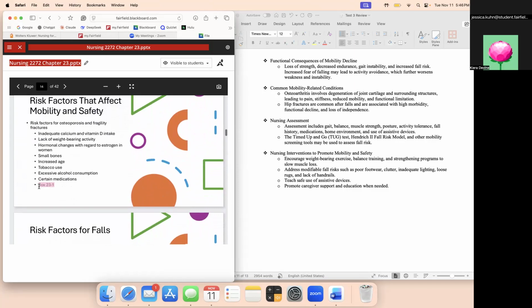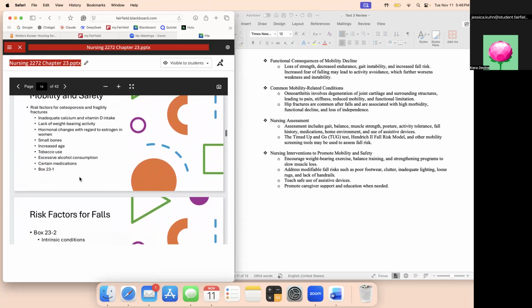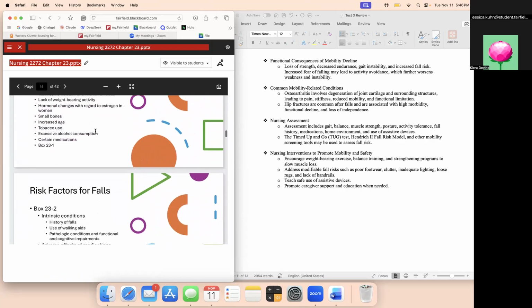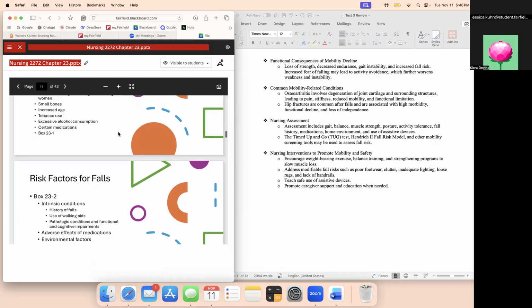Looked like there's a box mentioned, box 23.1, which talks about the risk factors for osteoporosis and for fragility fractures. A big one is inadequate vitamin D and calcium intake, but hormonal changes in women with regard to estrogen is also a big one.